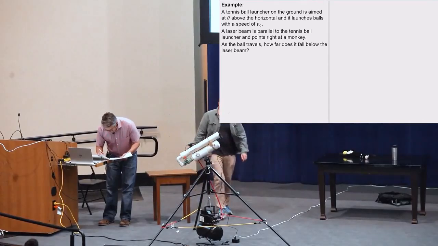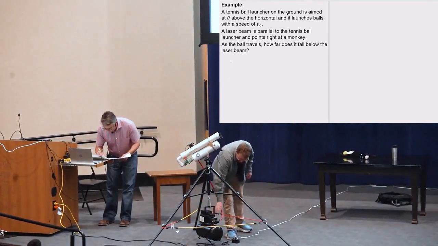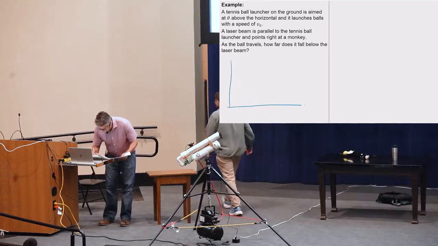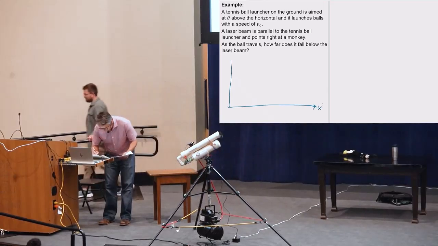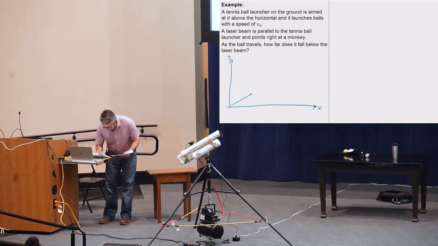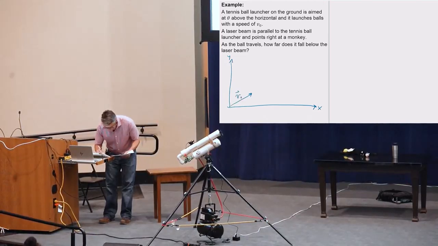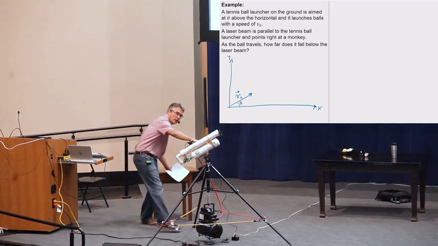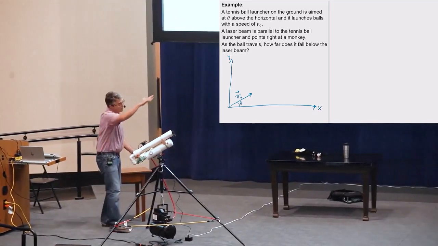You've got a tennis ball launcher down here. I'm going to put maybe the x-axis this way and the y-axis this way. And then there's some initial velocity, v0, and it's maybe aimed at some angle above the horizontal.